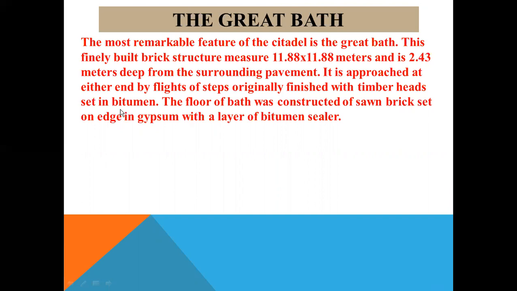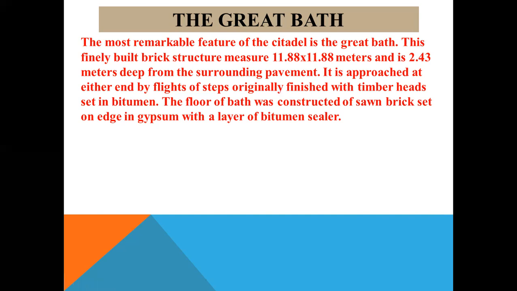Bitumen is a mixture of hydrocarbons and other substances, and we can also obtain it by distillation of coal and petroleum, and it is used for surfacing roads, or sometimes on walls for waterproofing.